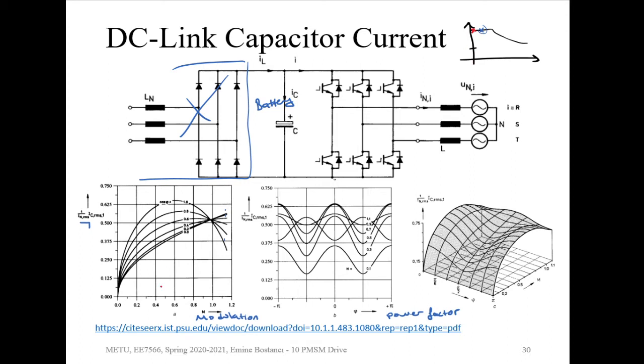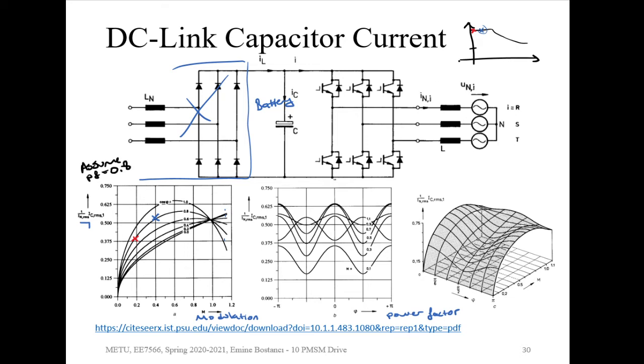So if you are on the red curve, assume that the power factor is constant, 0.8, and the modulation index of one is 0.2, and the other one is going to have a modulation index around 0.4. So here, assume PF equal to 0.8.